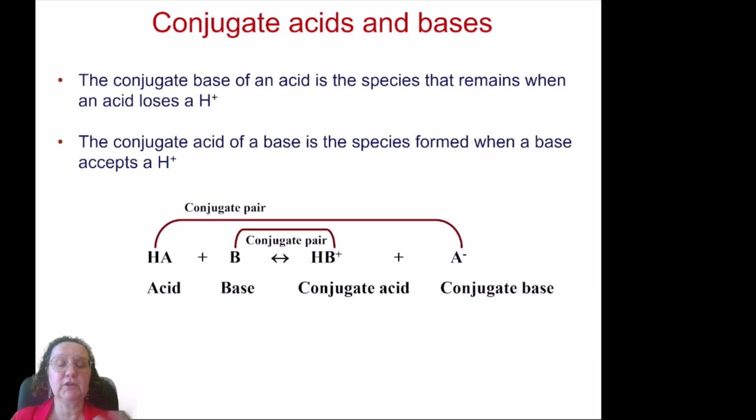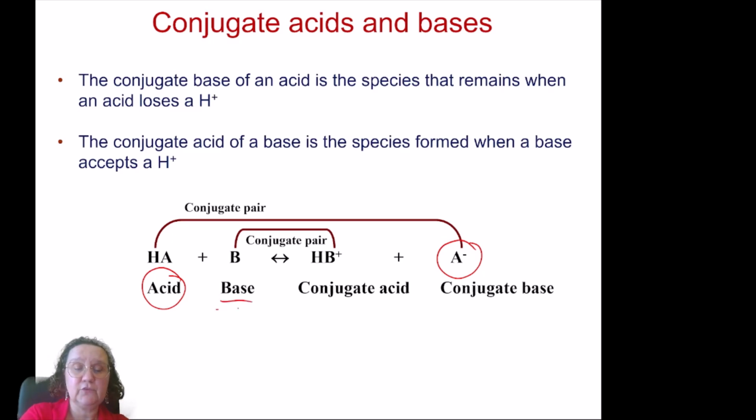So for example, if you have an acid and the acid reacts and liberates hydrogen ions, then it releases the corresponding anion in solution, and we call that anion a conjugate base. And in the case of a base, it accepts hydrogen ions from the acid, so it forms this other species which has accepted the hydrogen ion, and we call that the conjugate acid.